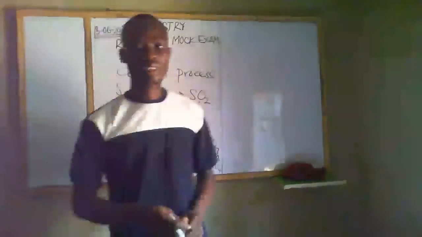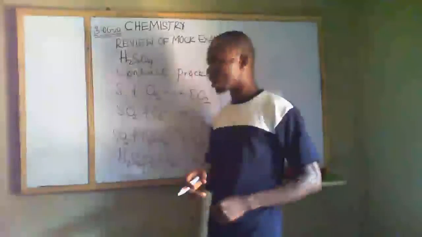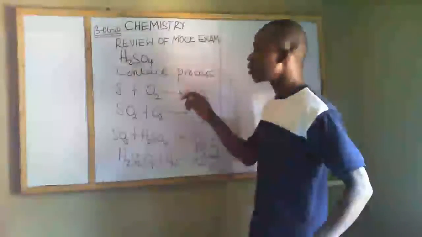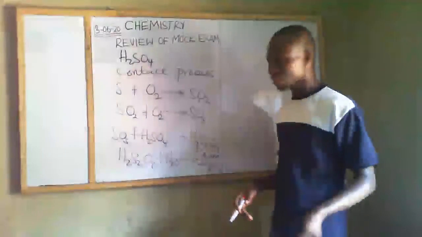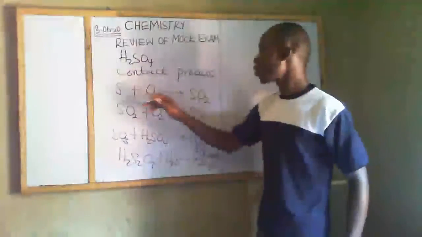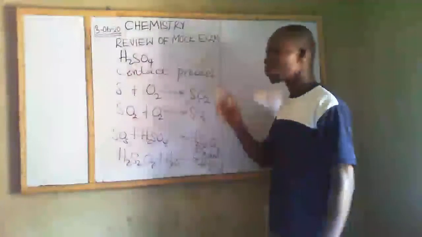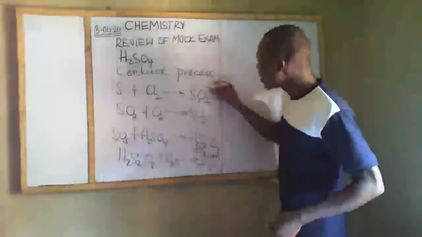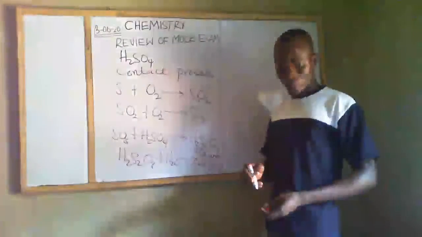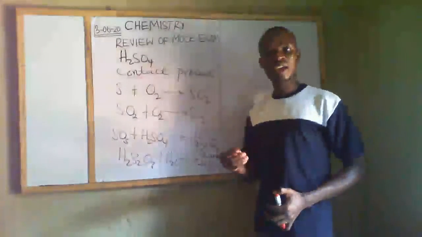What are the conditions necessary for these reactions to take place? Now, this one plus this one will give us sulfur 6 oxide, but this one is going to be dried because there is going to be an element of moisture or water when this one is formed.